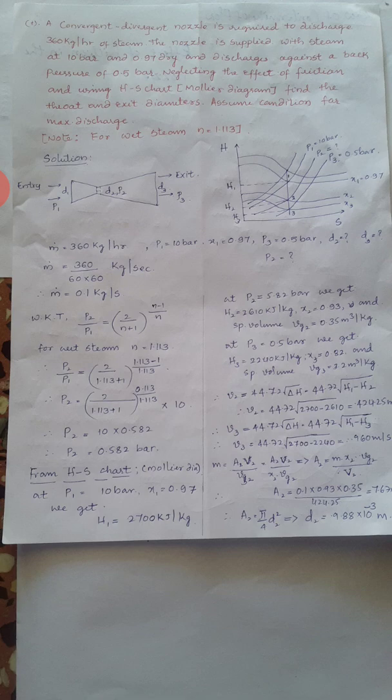Now at P2 5.82 bar, we have to find the enthalpy. After getting point 1 in the Mollier diagram, we have to draw one exactly vertical line where it cuts the pressure line of 5.82 bar.